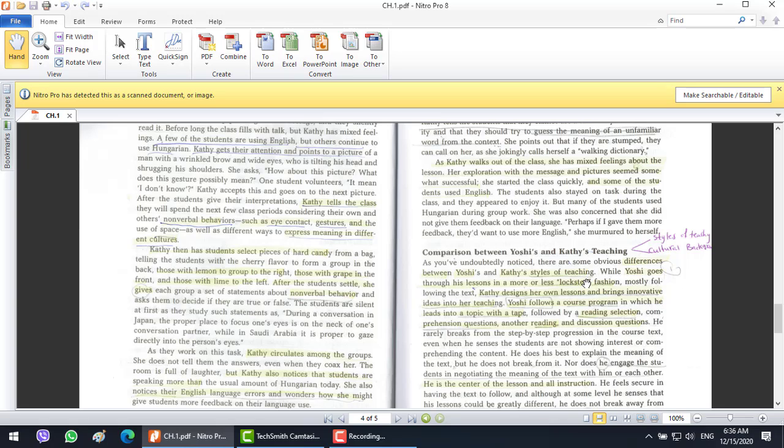Here we have the differences between Yoshi's and Cathy's styles of teaching. Yoshi goes through his lesson in more or less lockstep fashion.